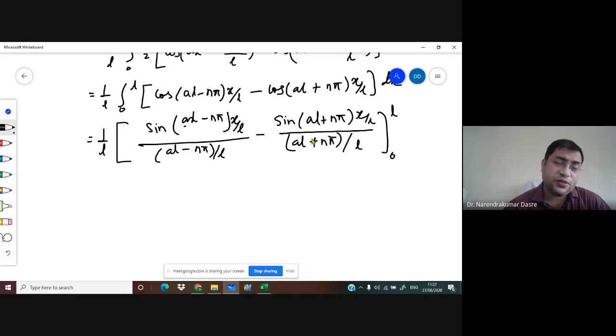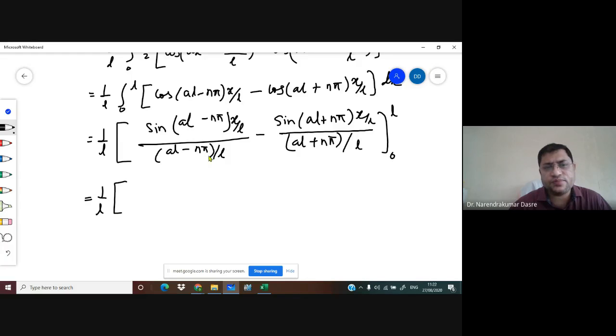So here we have to be careful that this sine will not vanish because a is not an integer. So that's why we need to remember the condition that a is not an integer. So we have to be careful. And now apply the limits.